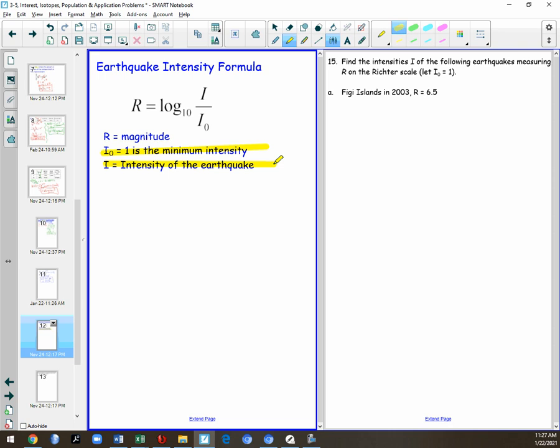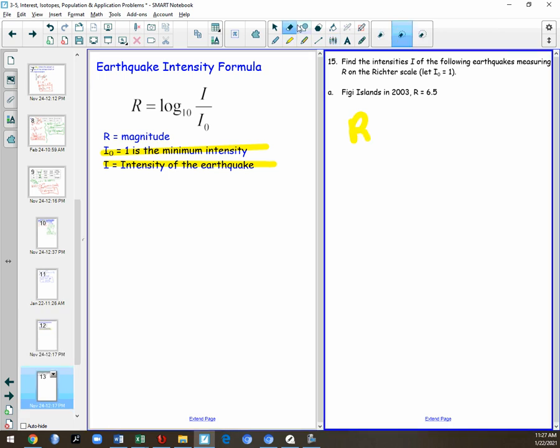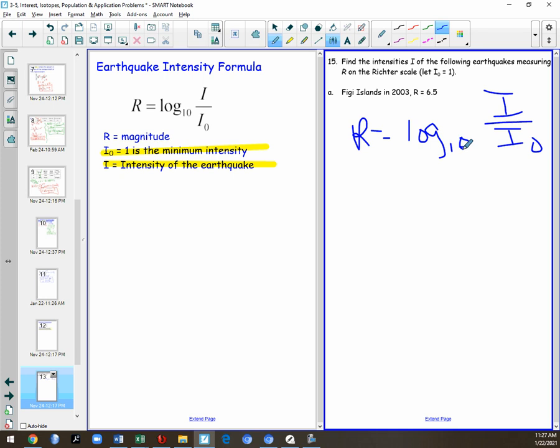So if we're doing number 15 on tonight's homework, number 15 is very simply saying the Fiji Islands had an earthquake in 2003, and the Richter scale magnitude was 6.5. So if I'm using my formula, R is equal to log base 10 of I over I sub 0.